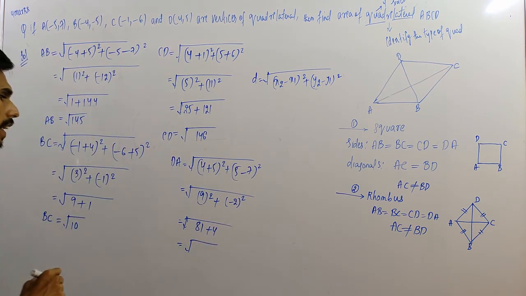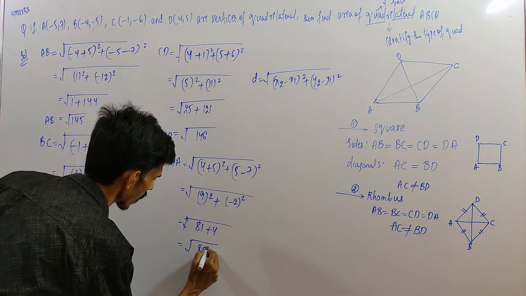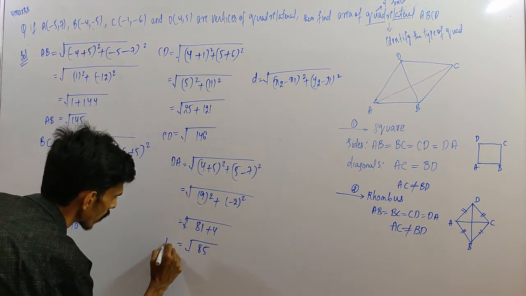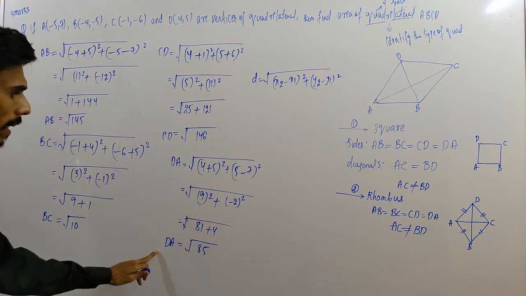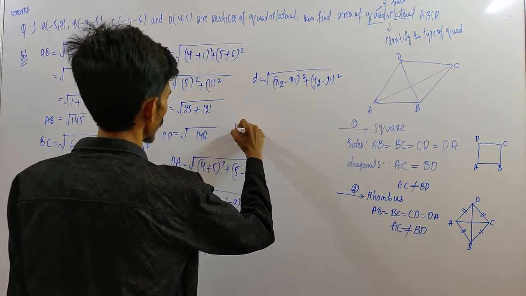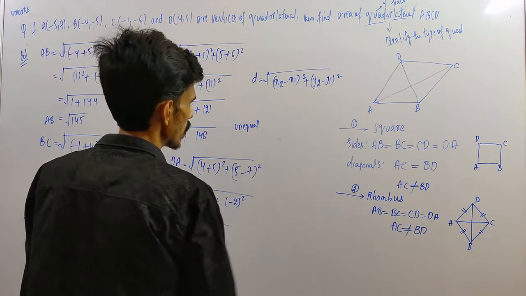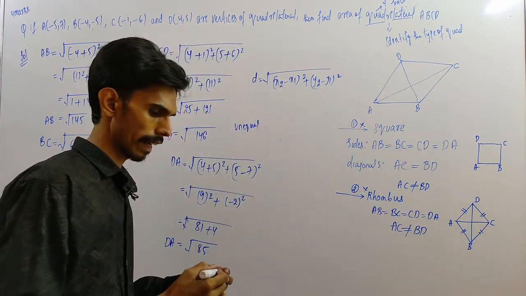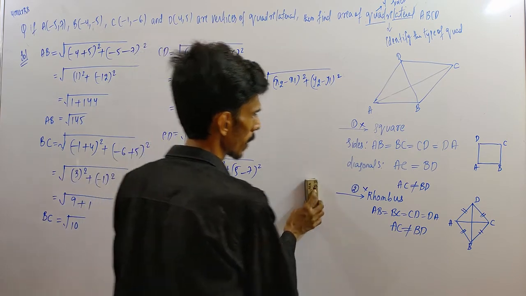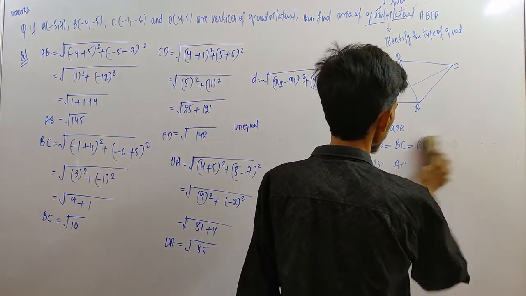So we will get 85. Okay, DA distance. Now we got AB, BC, CD and DA. All are unequal. So this is not square, not rhombus or not rectangle. So let me apply a different approach for this question.